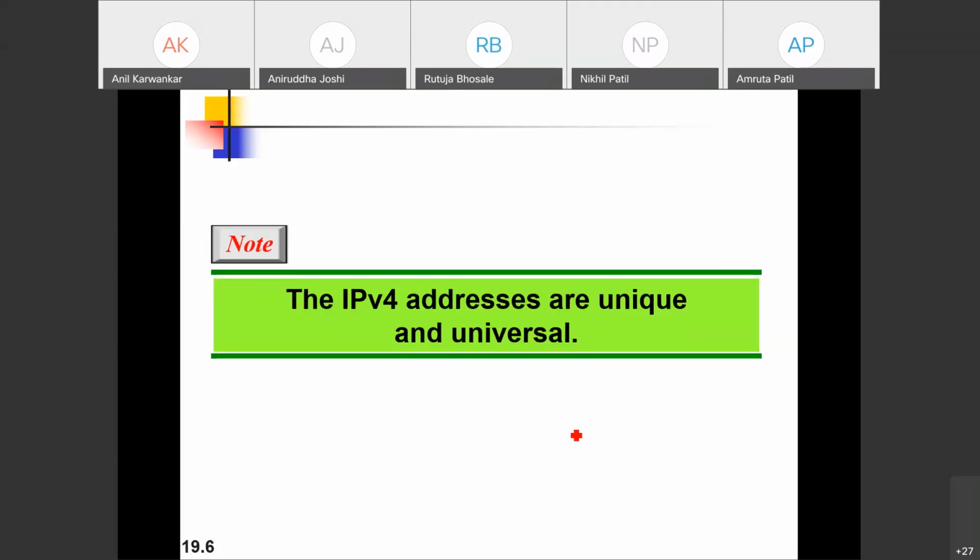At different instants of time, with different protocols and different sequences, we may have the same address. But universally, there will not be a duplicate address. It will be a unique address, and with the help of some strategies, we may assign this address to a device.